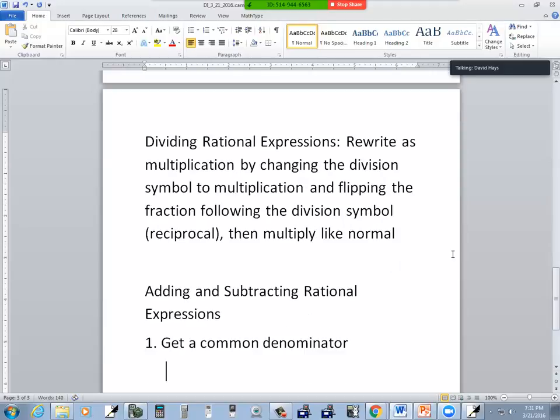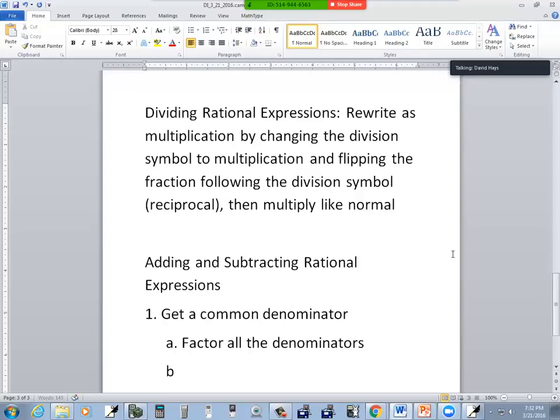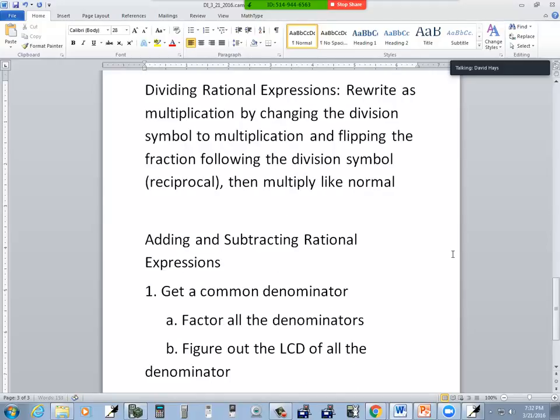Some of them mean you don't have to do these steps. But to get a common denominator, you typically have to factor all your denominators, figure out the LCD of all the denominators, and we'll talk more about that.